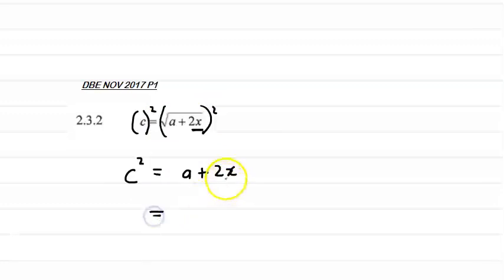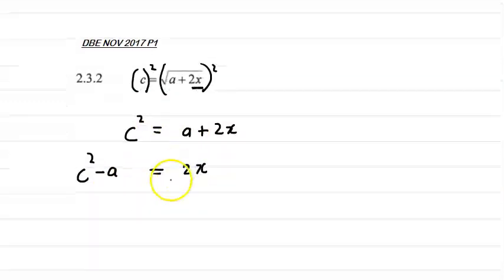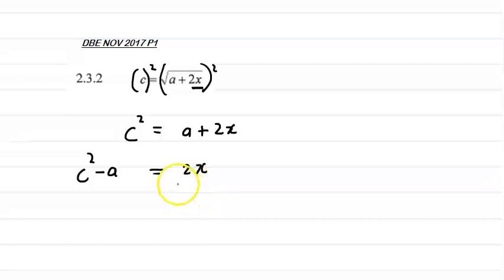Now we want to solve for x, so we're going to leave the x on that side. So 2x is going to be c squared minus a. Remember, I'm moving this a to the left hand side, so it becomes negative a. And now I'm going to divide both sides by 2. If I divide both sides by 2, the coefficient of x, remember the coefficient is the number in front of x, I'm going to get x.